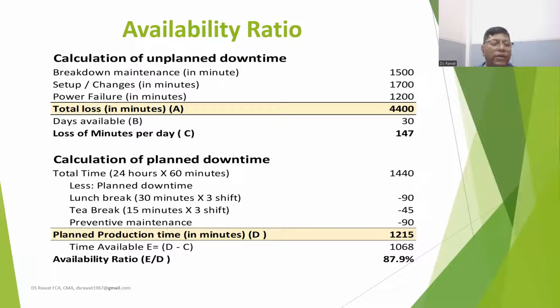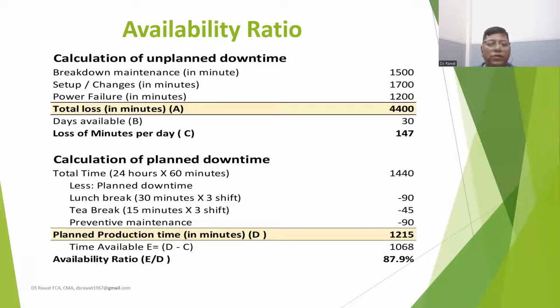But actually, has the machine run for this time? No, because there were some other problems. There is some unplanned breakdown in the machinery. There is a power failure. There is some setup adjustment, etc. So that also consumes time.